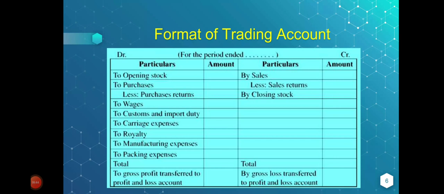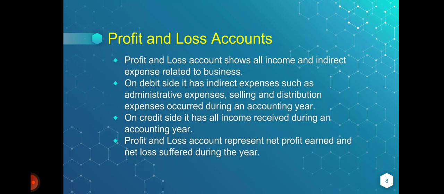If the debit side total is higher, that amount should be brought to the credit side, stating that gross profit. If the credit side is higher, that amount has to be carried out to the debit side, stating that gross loss. So next we will move on to the profit and loss account.